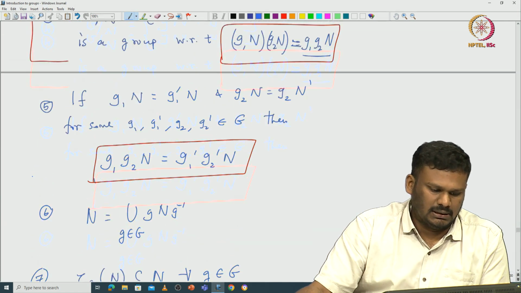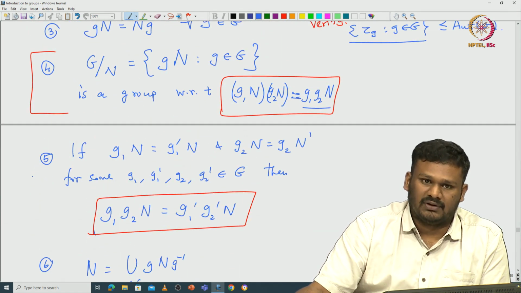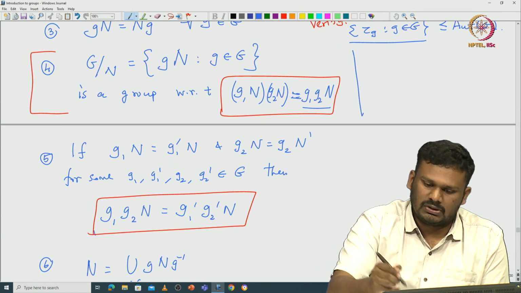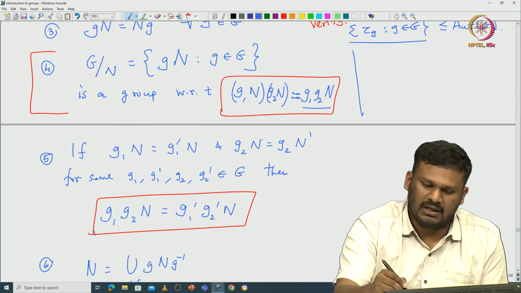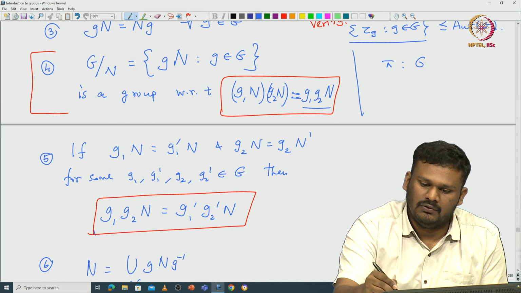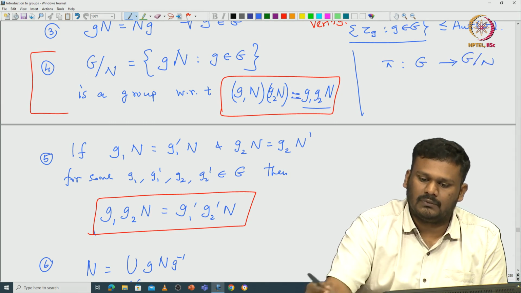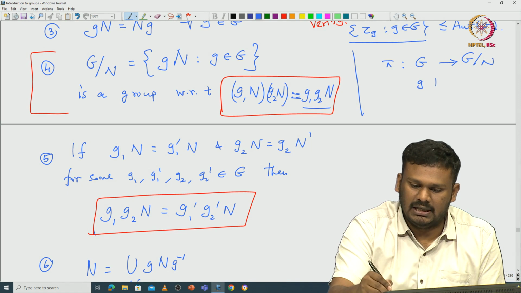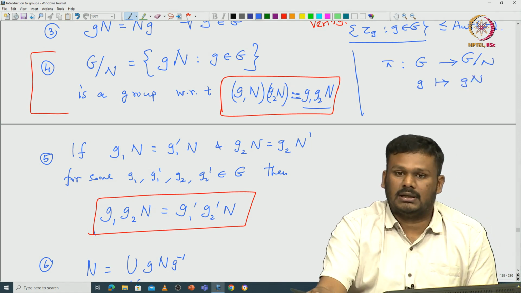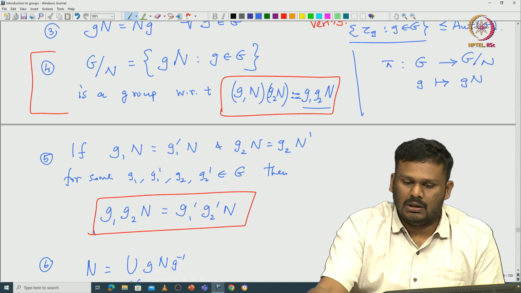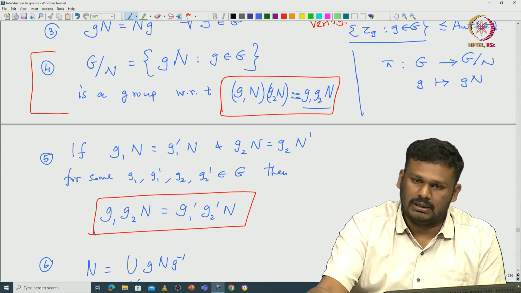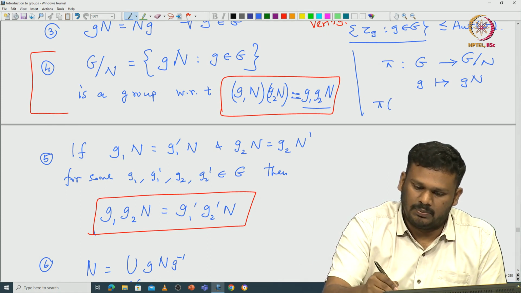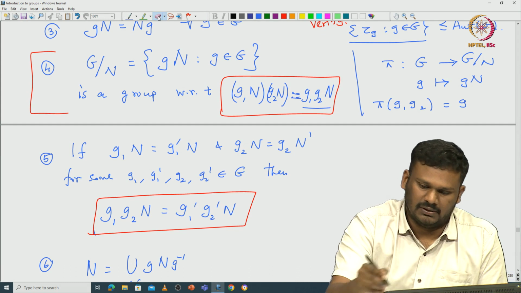Since this G modulo N actually becomes a group, that gives you a very natural target group. Okay, so in particular we can have what is called the quotient map from G to G modulo N, where you send any element g to the coset corresponding to it, gN. Okay, so later we will see the definition of homomorphism. In particular it satisfies pi of g1g2 equal to pi of g1 times pi of g2.